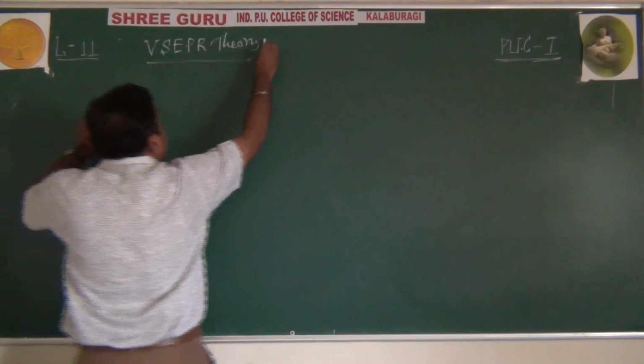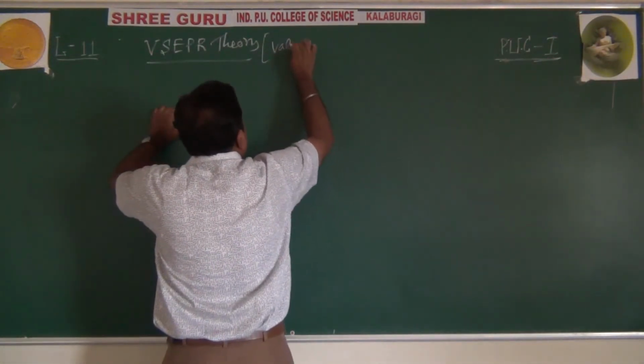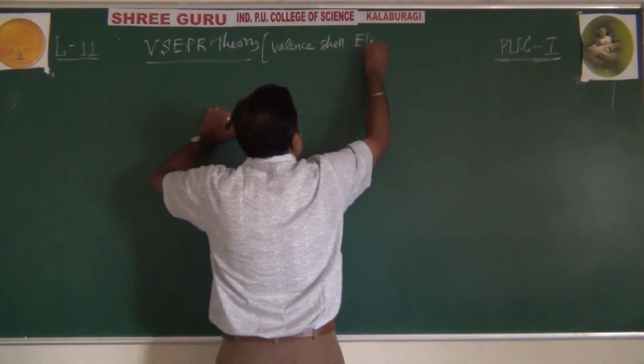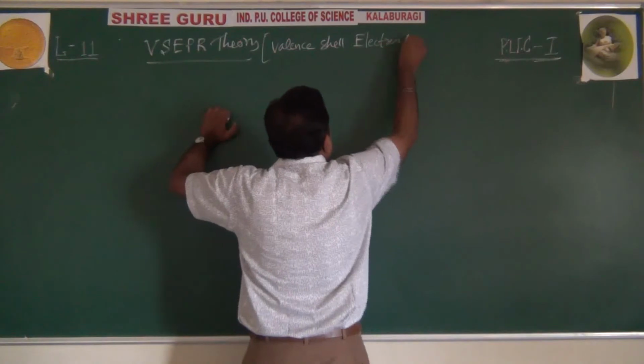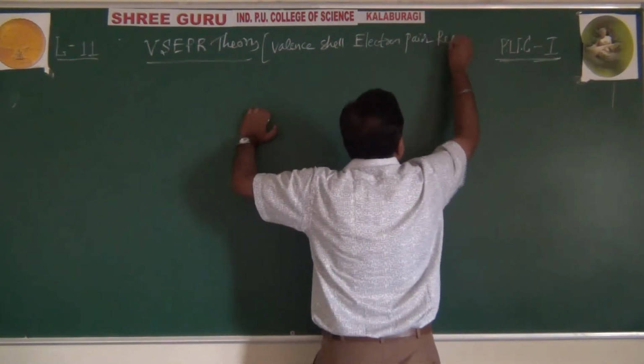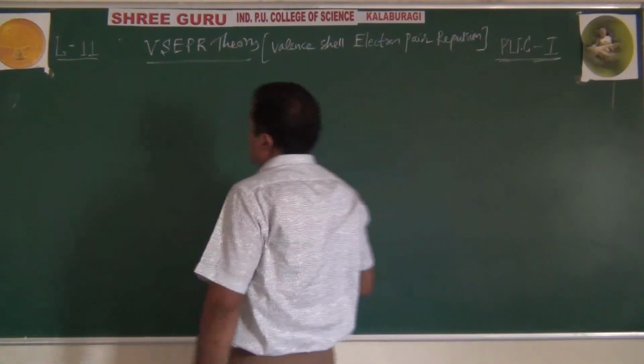VSEPR theory stands for V for valence, valence means outermost shell, electron, pair, repulsion theory.